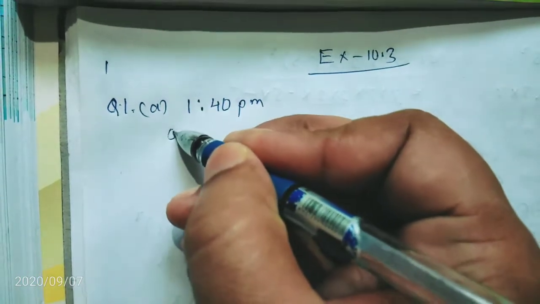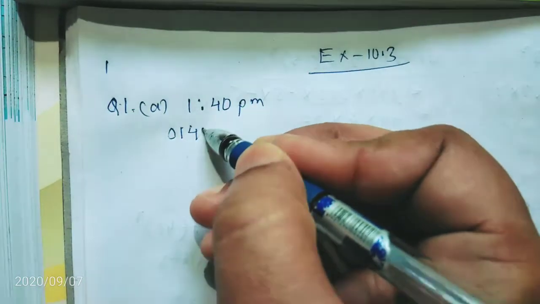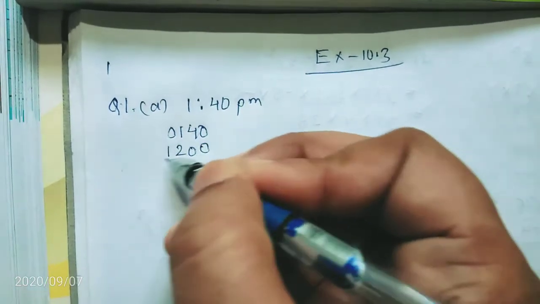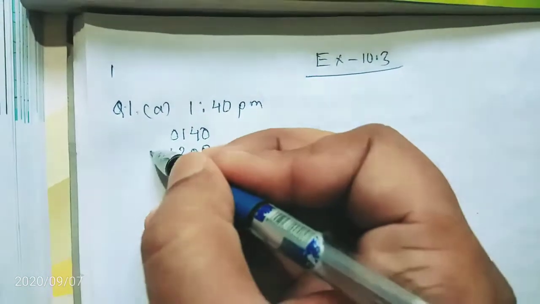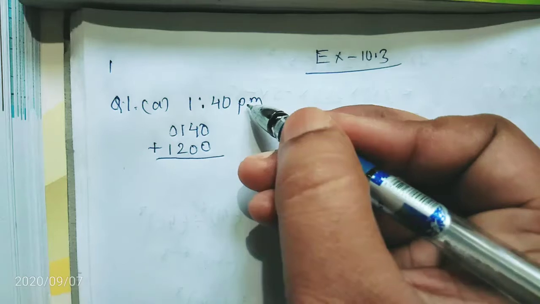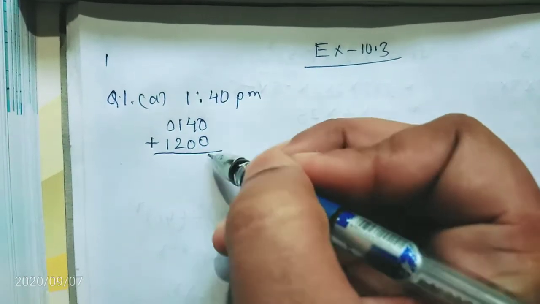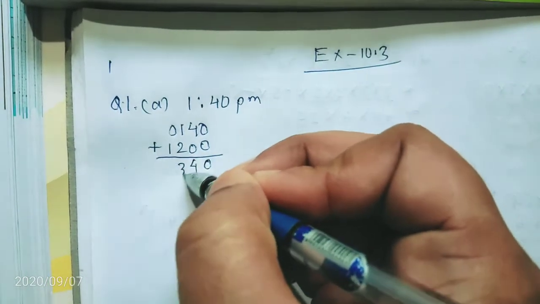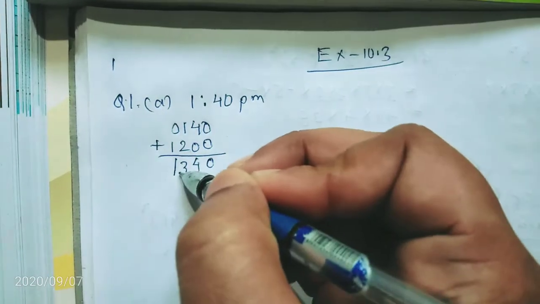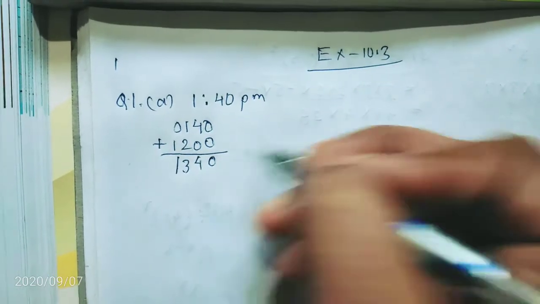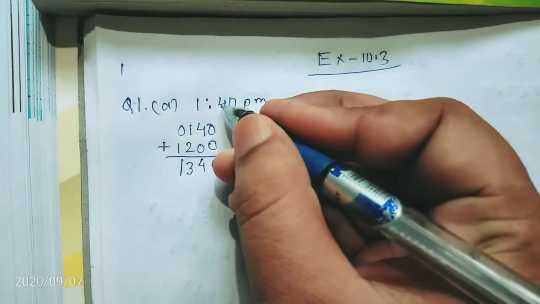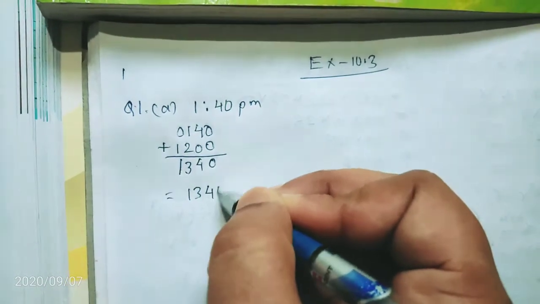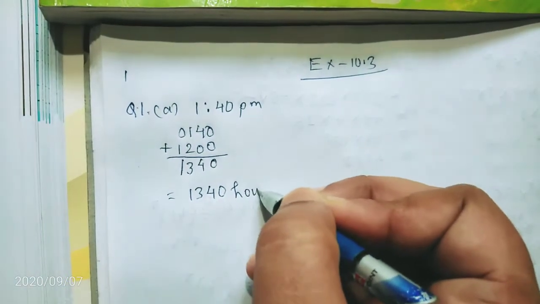You simply write 0140 like this, then add 1200. Remember, whenever there is PM, after 12 o'clock noon, add this. 0, then 4, then it is 3, and it is 1. So 1340. The answer for 1:40 PM is 1340 hours.